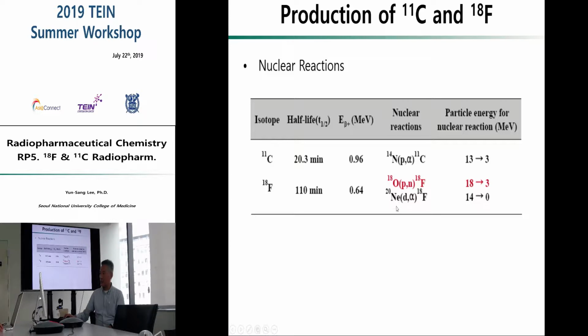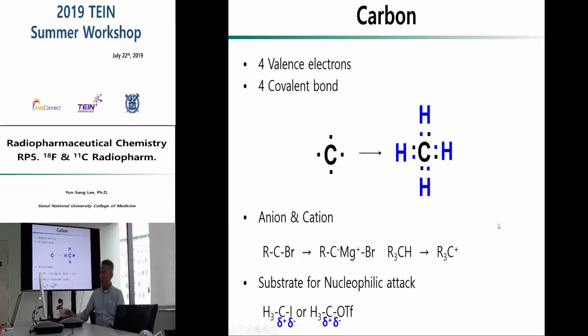Then the chemistry of carbon is somewhat harder than F18, because this carbon can make an anion, and sometimes it can make a cation.